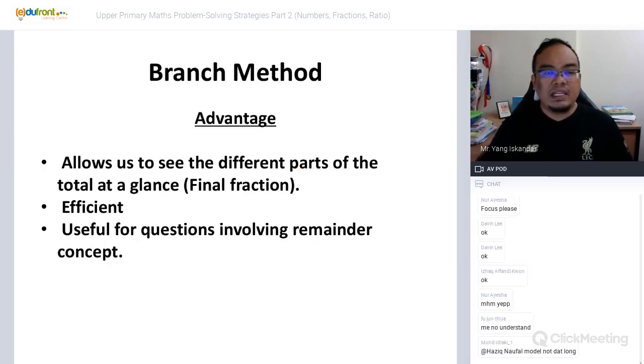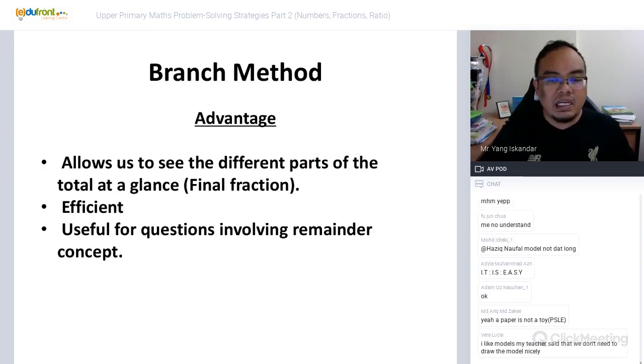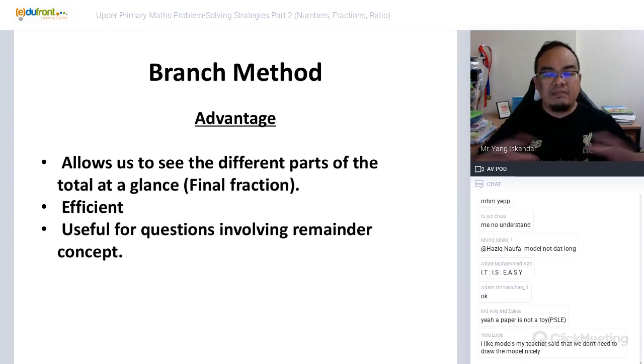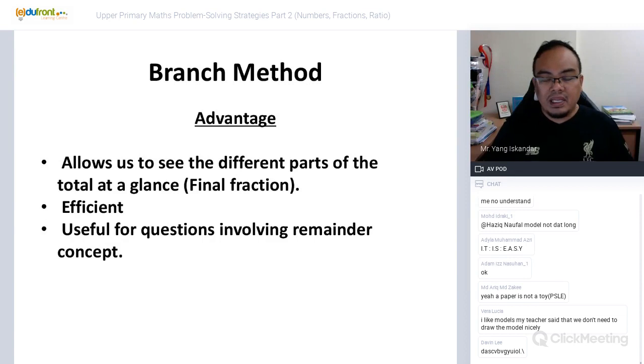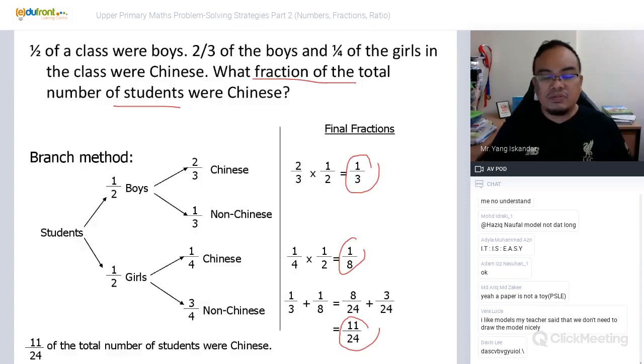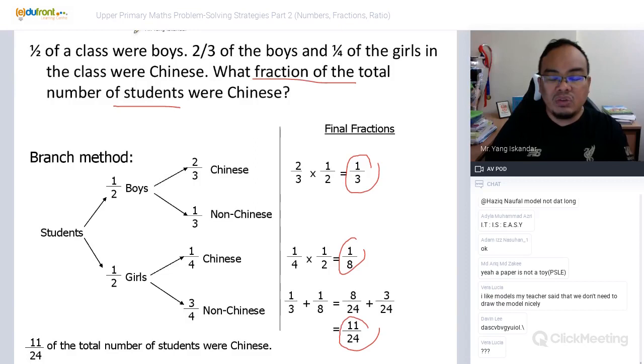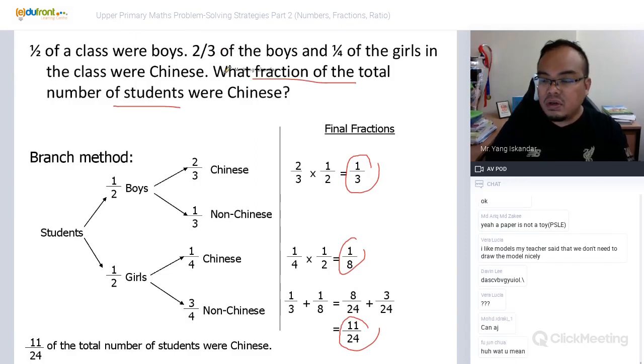Before that, the advantage of the branching method is that it allows you to see the different parts of the total at a glance. You can see everything very clearly, and it is useful for questions involving the remainder concept. This can also be used for percentage. If you see a percentage of percentage question, you need to convert the percentage to a fraction.